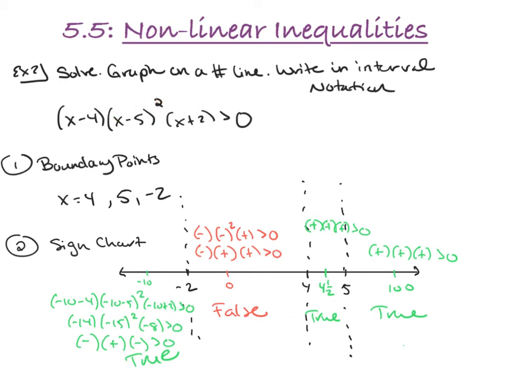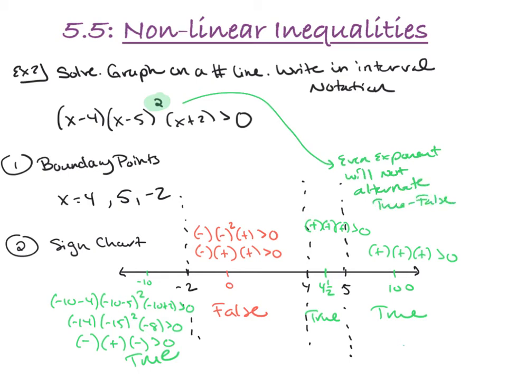Since that's an even exponent, it will not alternate true, false, true around x equals 5.